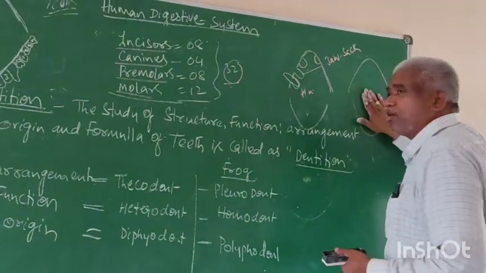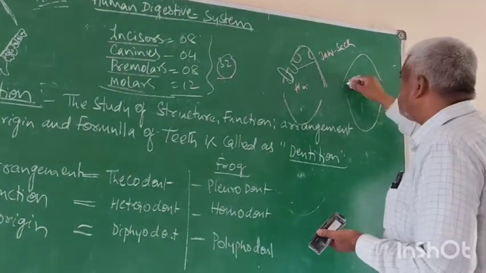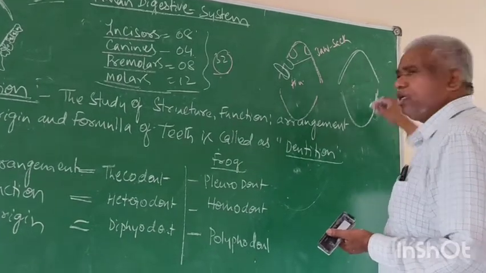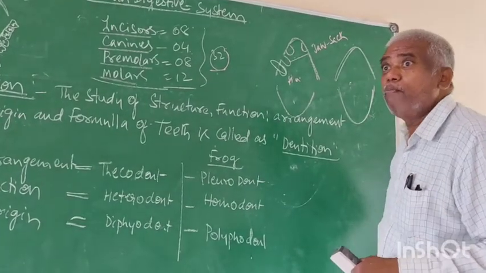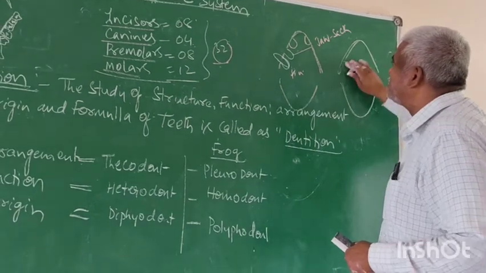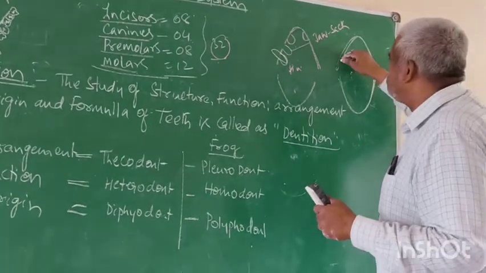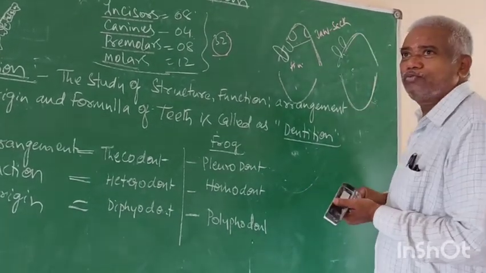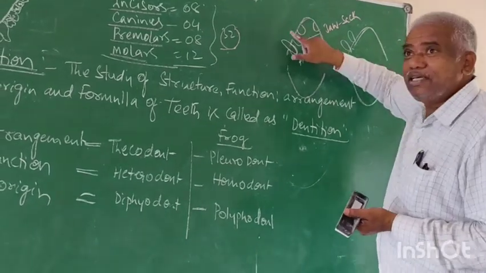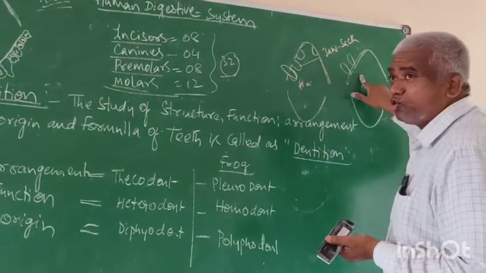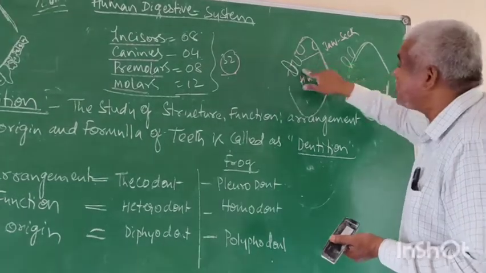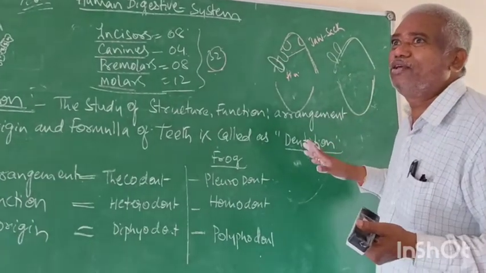Alright, now come to the front. It is also an upper jaw, made of bone like in man, but there are no sockets. Just a superficial attachment. So here, teeth are arranged on the jaw. It is also arranged on the jaw, but this arrangement is different.